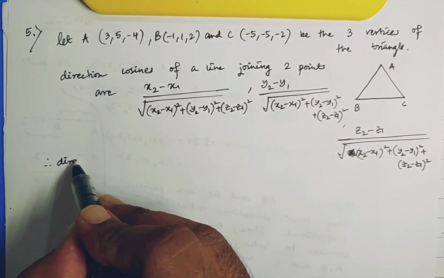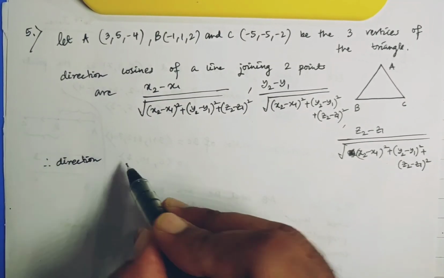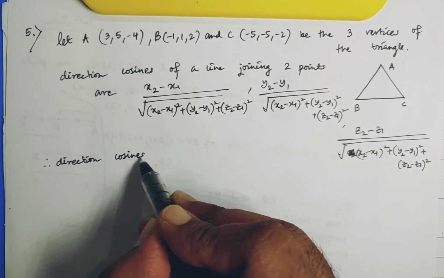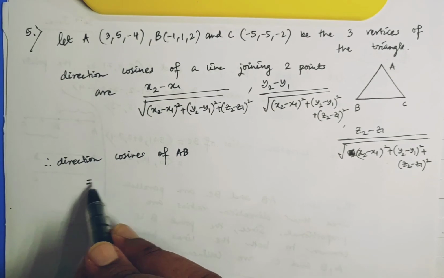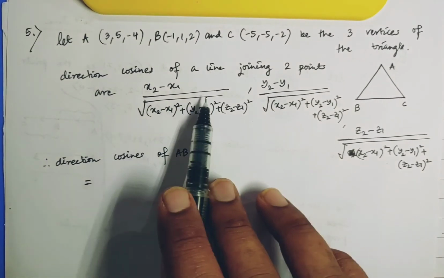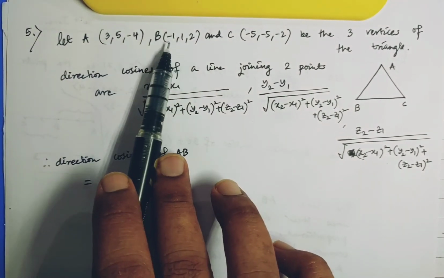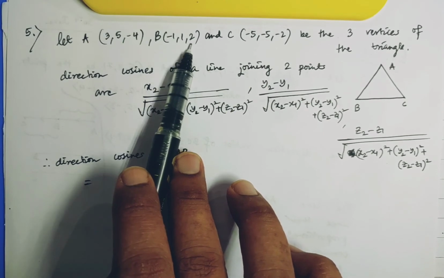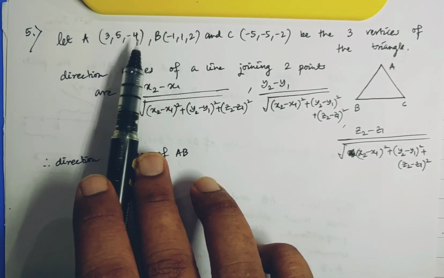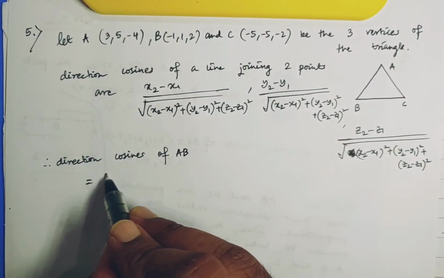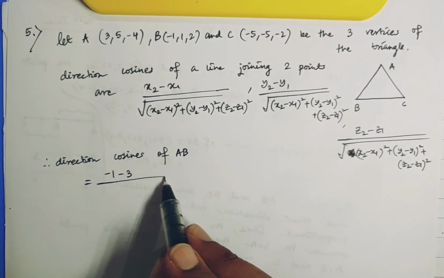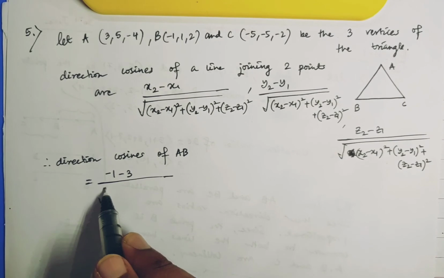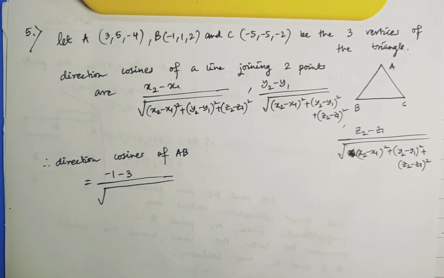So therefore direction cosines of AB is equal to, what was that? X2 minus X1. So AB, these are X2, Y2, Z2, this point, and X1, Y1, Z1 is this point. So this minus this, minus 1 minus 3, divided by root over of, so how much is that?